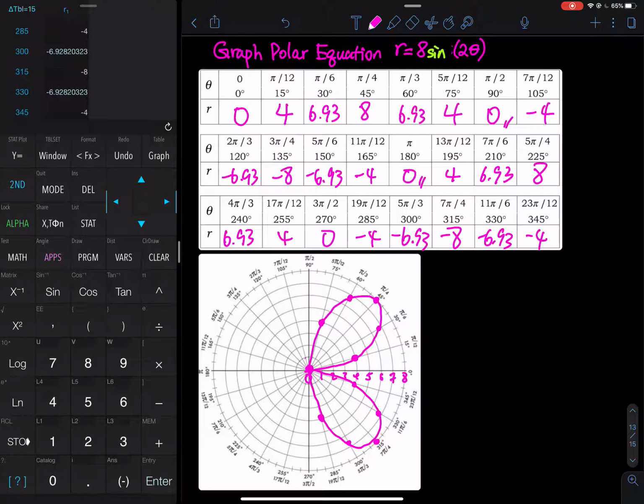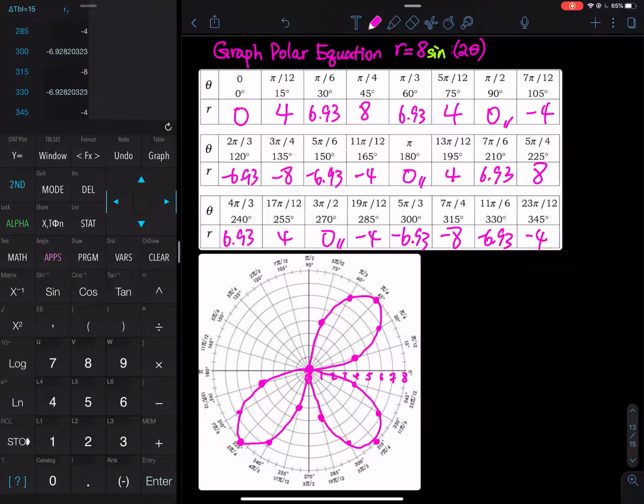Then 195 is 4. So now we go back past 1, 2, 3, 4, and then 6.93, 8, 6.93, 4, and then 0. So we go this way. Then 285 is negative, so we are not putting that in quadrant 4.